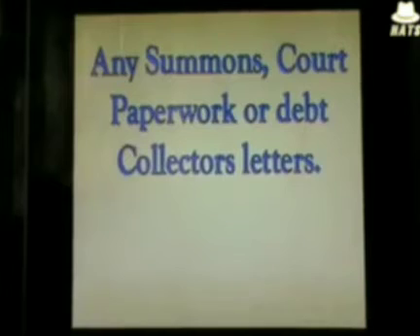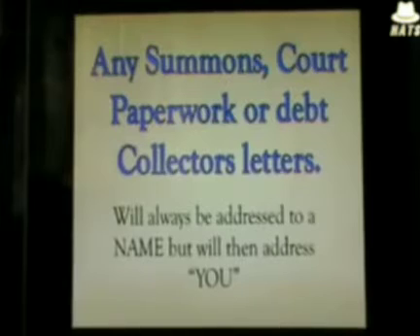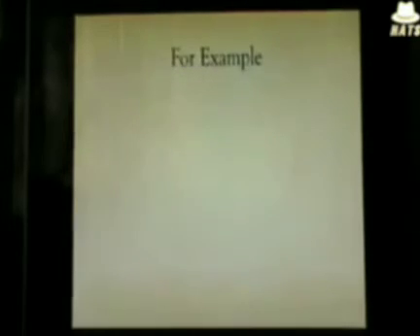Any summons, court paperwork or debt collector's letters will always be addressed to a name, but from then on the only part of the letter or the paperwork from the courts that will be in the name is the address line, and everything else will be referring to you.